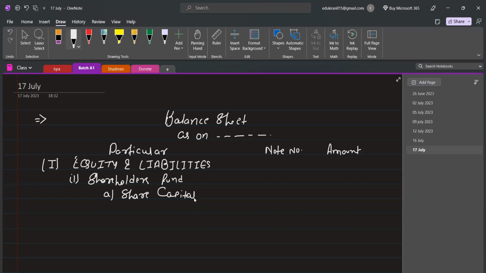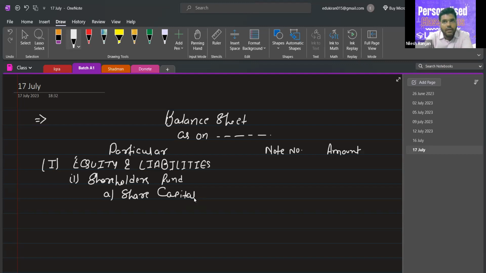Okay, next is called up capital. It is a part of the subscribed capital, and the shareholders can pay the amount either in lump sum or in installments. Actually, the company demands money on shares. Whenever we ask our shareholders to pay us money, we can ask this amount in lump sum or installments.